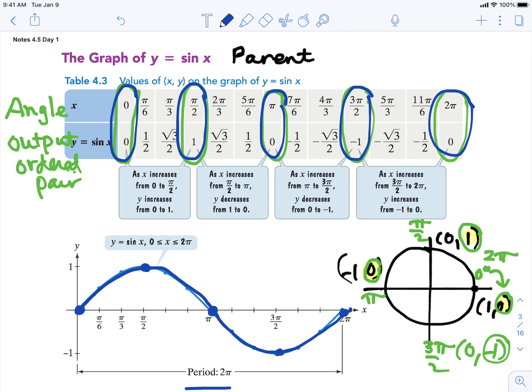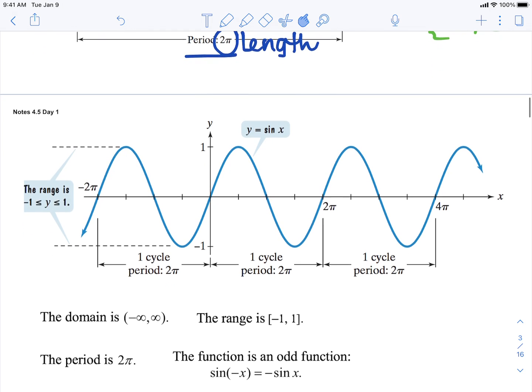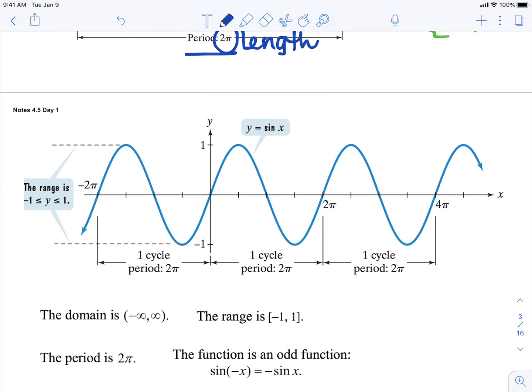The period, which we call the length of 1 revolution, is 2 pi for a sine function. The amplitude is going to be 1. Now this graph does go on in infinitely many cycles.